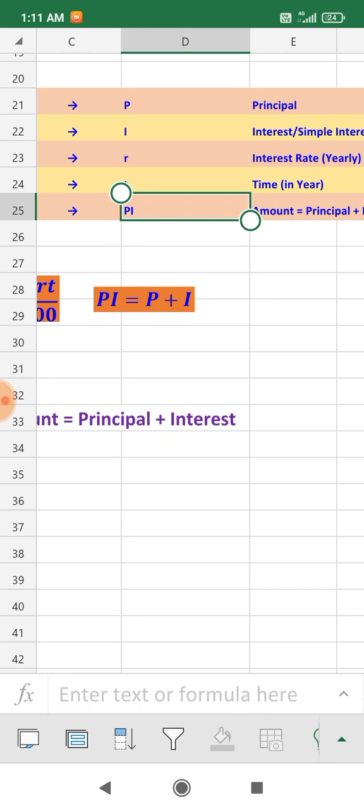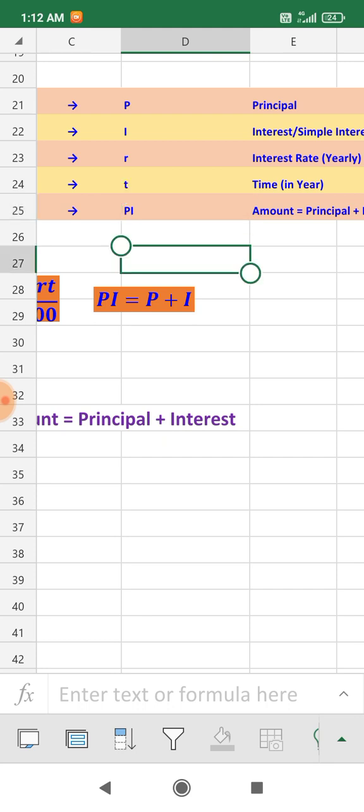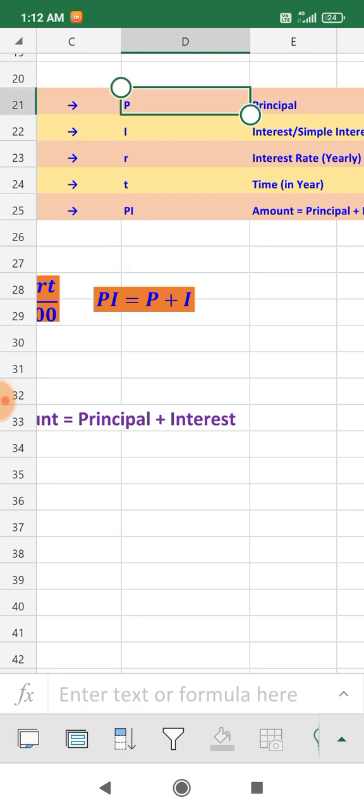You just have to understand this. I hope you have seen our basic concept. So after reading the question, you have to understand which values are given and which value we have to calculate.